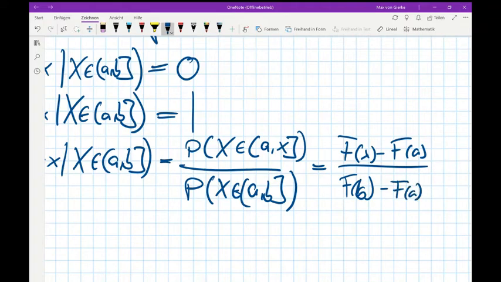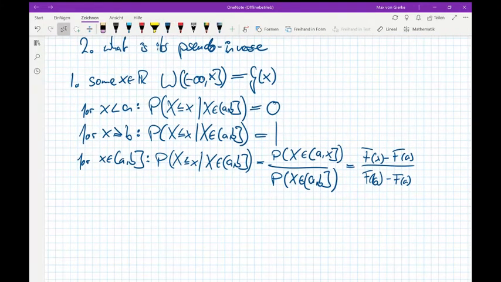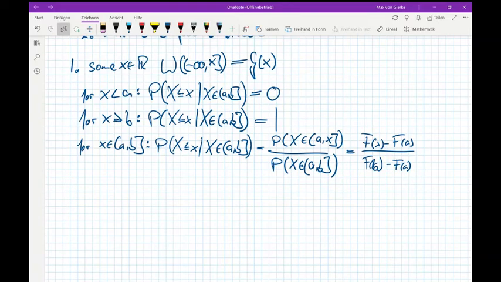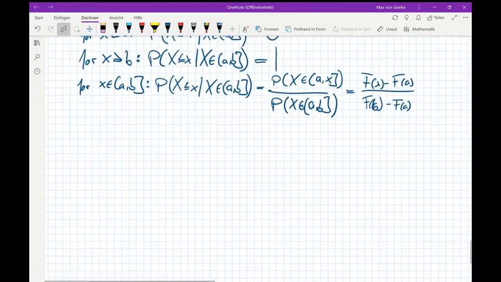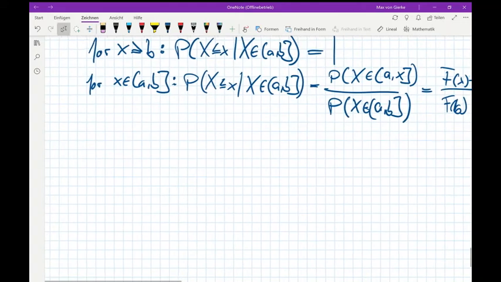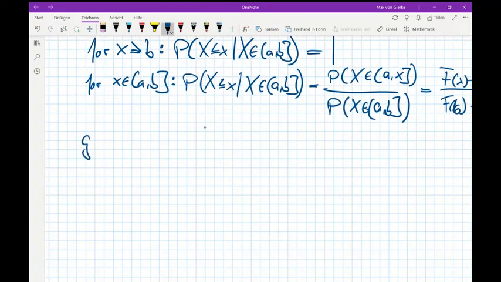Okay, so this is nice because out of these 3 cases, we can build ourselves the CDF of W explicitly.